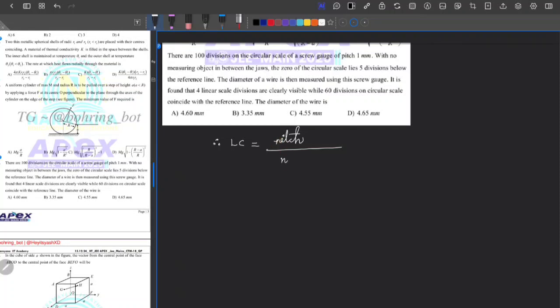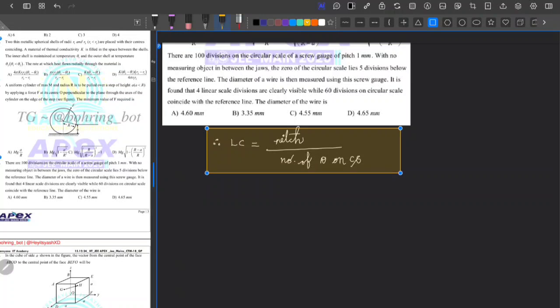Let me write the formula first: number of divisions on CS, the circular scale. That was the formula. LC is equal to pitch by number of divisions on a circular scale.